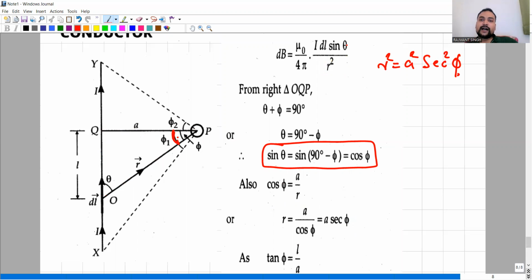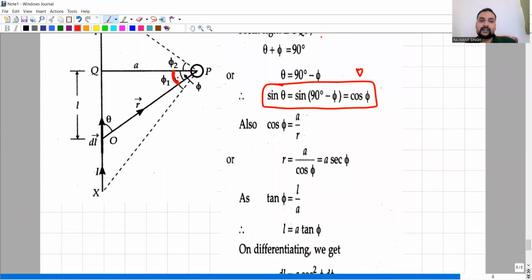So I have changed the value of sine theta as cos phi, then I changed the value of r square as a square sec square phi, and then I will change the value of dl. Now how to find this dl? Again in this triangle you will find that this value is l and this is a.